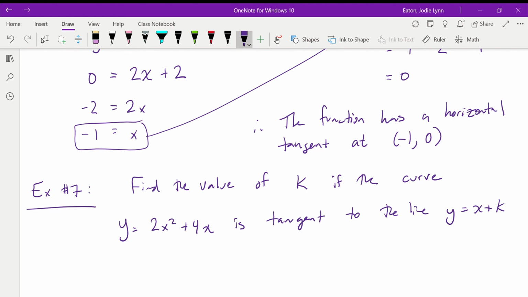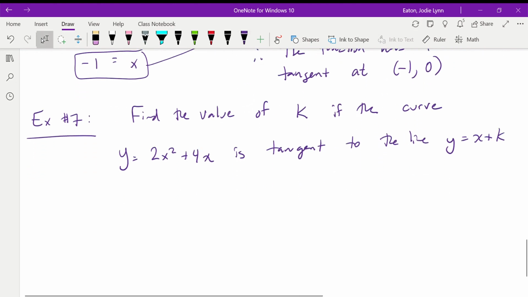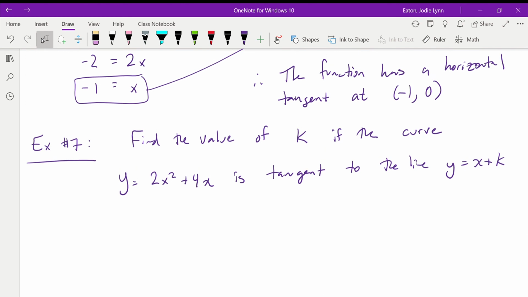Okay, so we're trying to find the equation of a tangent line here. So the first thing we're going to do is we're going to look at the slope. So we know that derivatives help us find slopes. So let's look at y prime here. Y prime, 2 times 2 gives us 4, x to the power of 1 plus 4. Okay.